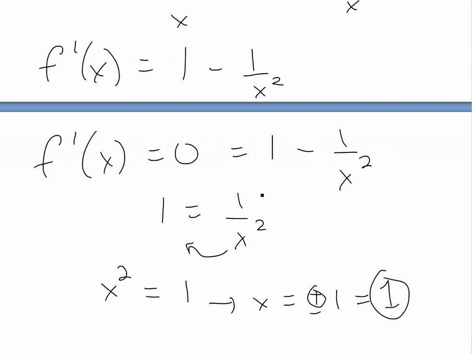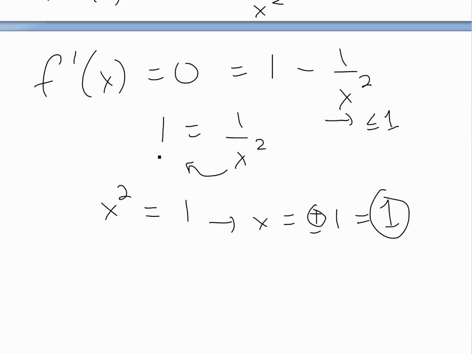As you can see, f prime of x is 0 if you put in 1. If you put in anything above 1, since it's 1 minus 1 over x squared, and 1 over x squared is less than or equal to 1, and goes to 0 as x goes to infinity, f prime of x is greater than or equal to 0.